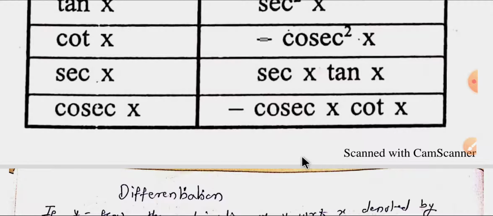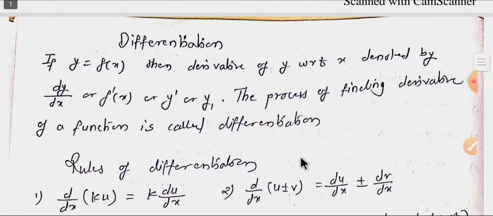Now next here we study the rules of differentiation. First of all, the definition: what is differentiation or derivative. Suppose y equal to f of x is a given function, then differentiating y with respect to x, we denote it as dy by dx or f dash of x or y dash or y1 or capital Dy and so on.